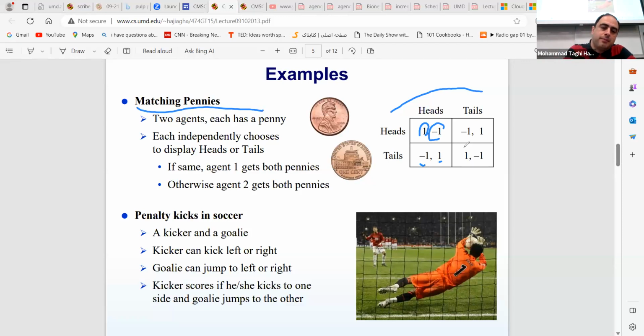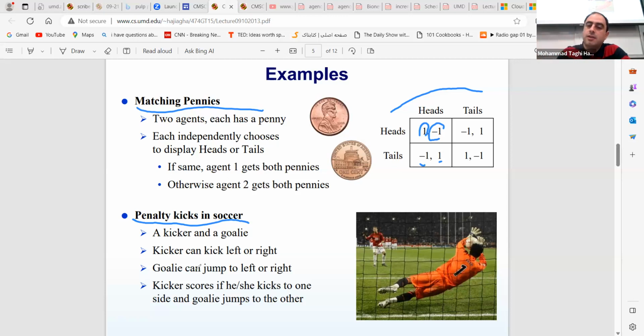Another one is penalty kicks in soccer. There is a kicker and a goalie. The kicker can kick left or right, and the goalie can jump to the left or right. The kicker scores if he or she kicks to the side that the goalie is not on.